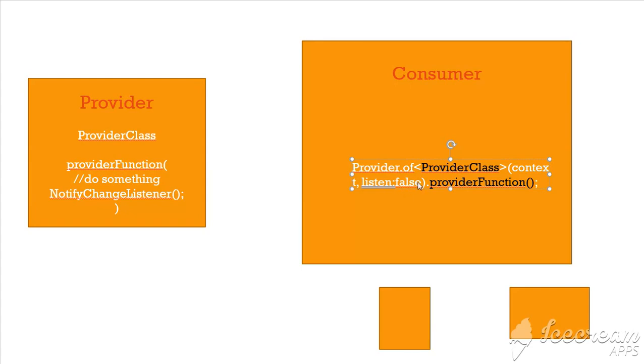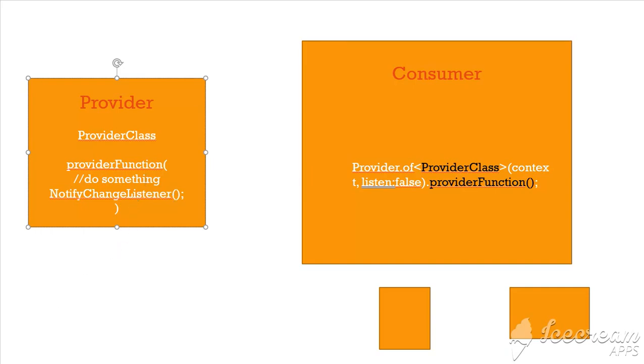If we want to listen to some values, we can set listen to true, and then dot provider function, we call this function here, and whatever is done will be done, and this notify change listener will update the latest state to all the consumers.